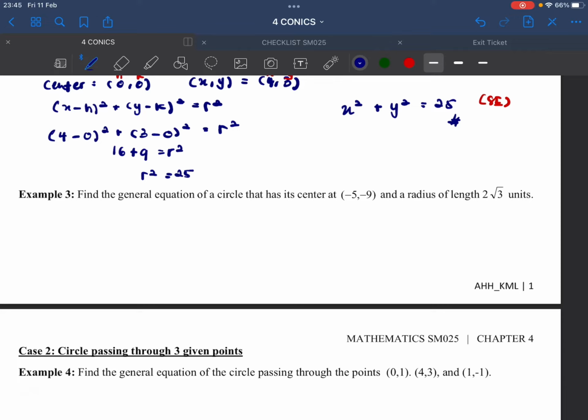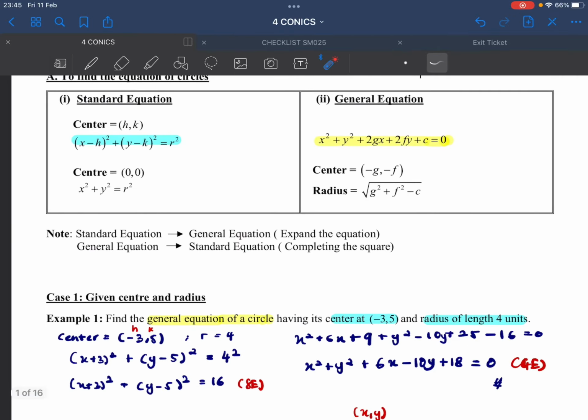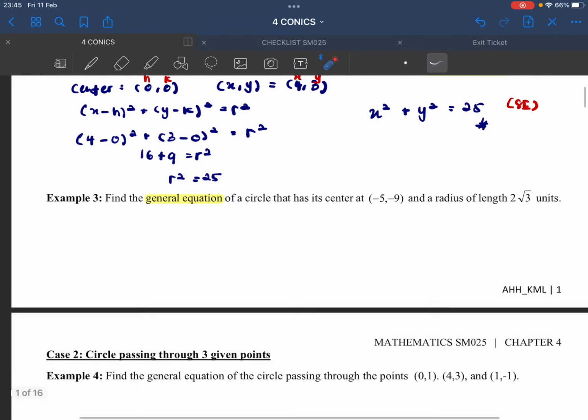Okay, so let's see example 3 here. We want to find the general equation. Remember, you can expand, or you can go straight by using the general equation, but you have to find your c first by using this formula. It's a little bit complicated, but that's okay, we have the simple way. So here we have to find the general equation of a circle, given the center and the radius of length 2 square root 3 units.